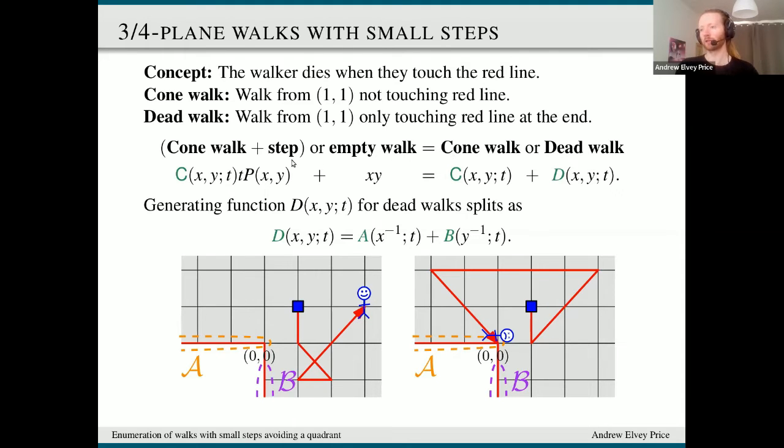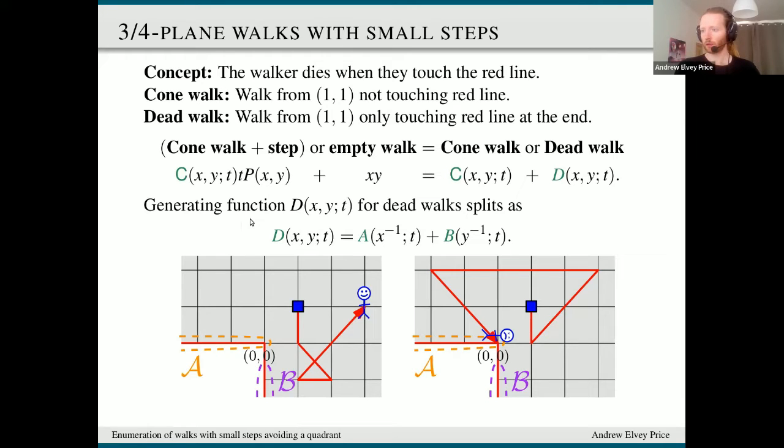And so this combinatorial decomposition converts directly to a functional equation relating C, the generating function for cone walks, to D, the generating function for dead walks. And here P is a polynomial that just represents a single step in the walk. So it's just based on the step set.